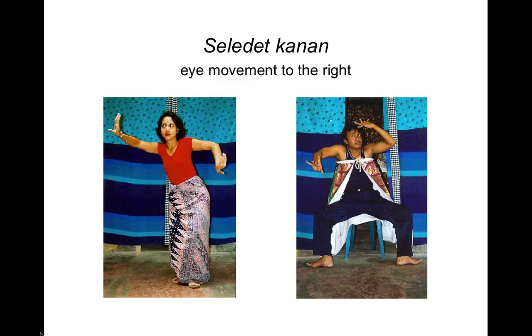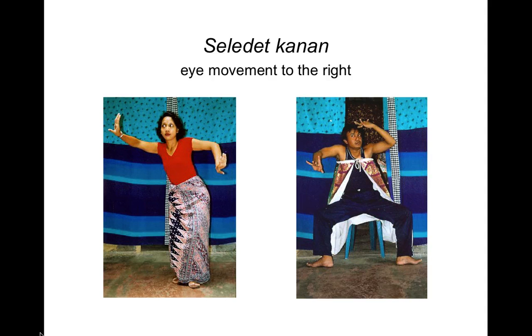And these are two pictures of Happy and Wayan performing the right eye movement. So what you do when you do an eye movement or a seledet in the Balinese context is that you look straight ahead, and then you open your eyes really wide, and then you look to the corner of your eye, in this case the right corner, and then bring your view from the right of your eye back to the middle.